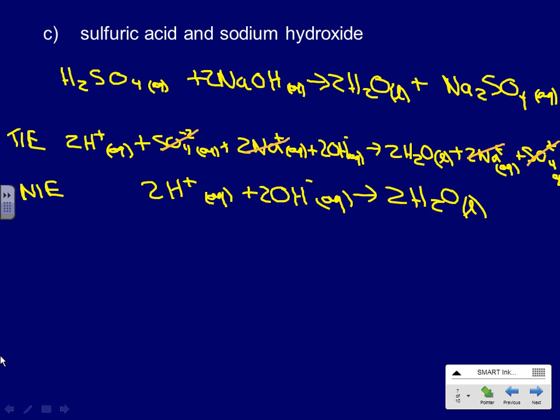These 2's come from this 2, which means I've got 2 sodium hydroxide, and that breaks apart into 2 sodiums and 2 hydroxides. This 2 comes from the fact that there are 2 sodiums in each sodium sulfate. So when the sodiums fall off, you're going to get 2 of them, and that leaves 1 sulfate that the 2 sodiums fell off of. They come from 2 different places.